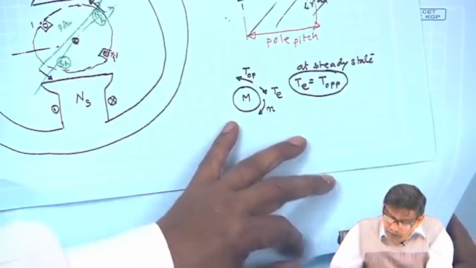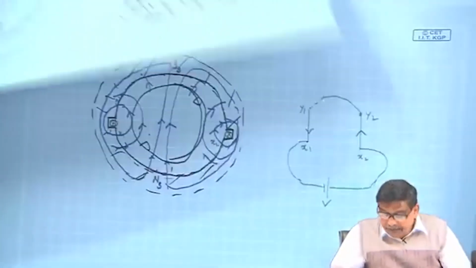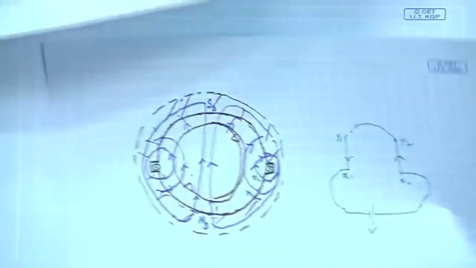So, now what I am going to discuss, after having these preliminary ideas of the things which constitute a motor: a stator, there will be several slots, there will be conductors, they will carry current, but eventually the end result is they will create a pair of poles.